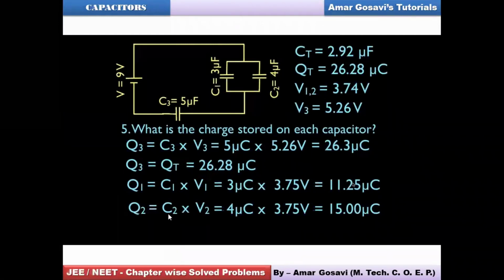Q2 can be worked out as C2 into V2. Again we know C2 is 4 microfarad and V is 3.75. So it gives us 15 microcoulomb. This is how you're supposed to work out the charge stored on each capacitor for this given type of combination, friends.